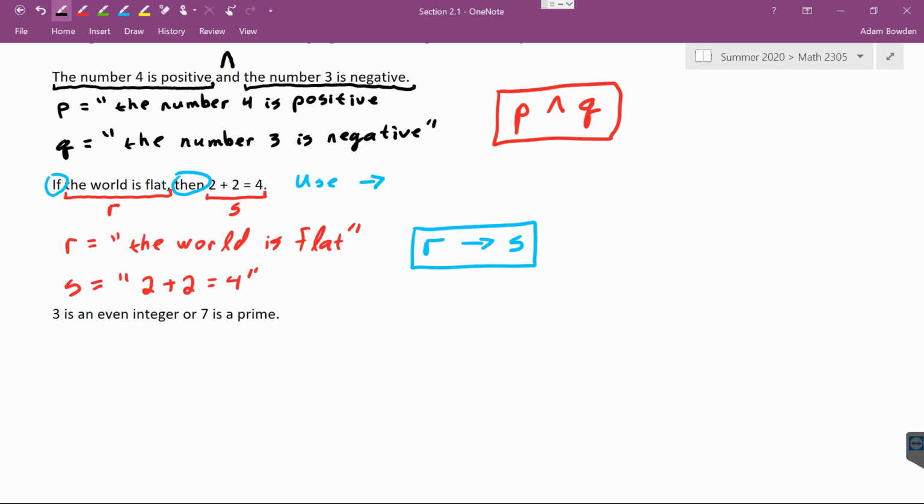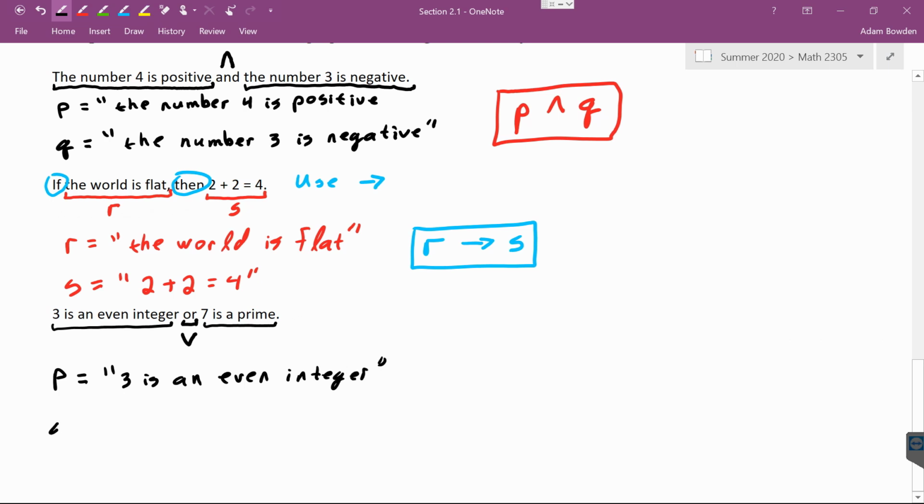Now this one down here below has OR in it. So the OR symbol was that V. And so let's let some letters stand in for the two parts that are being connected by OR. Let's use the letter P here again to stand in for the first part that says 3 is an even integer. And let's let the letter Q be there for 7 is a prime.